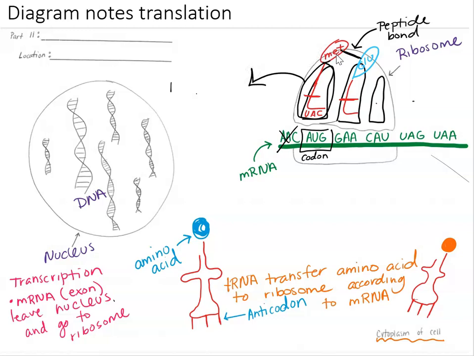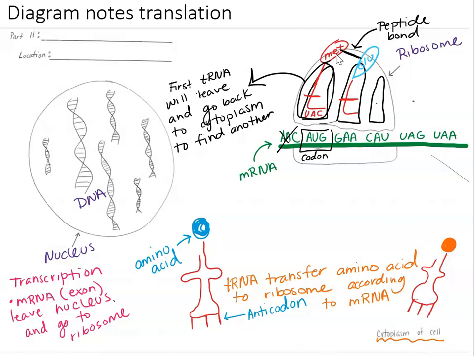So the first tRNA will leave and go back to the cytoplasm to find another amino acid. Remember, tRNAs are specific. They can only carry 1 amino acid. So that one will find more methionine, but this is going to keep happening.